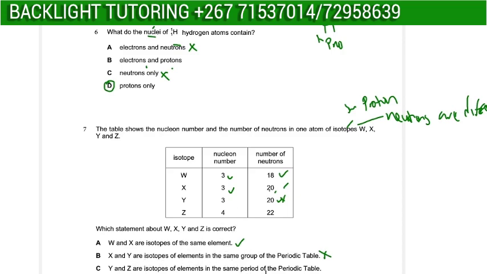C says X and Y and Z are isotopes of elements in the same period of the periodic table. Y and Z, yeah, that talks about something else here. Z has a higher proton number, so the best answer is A here, right?